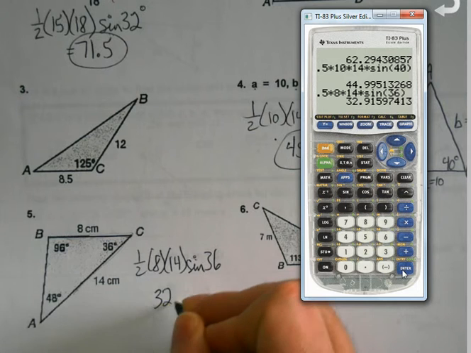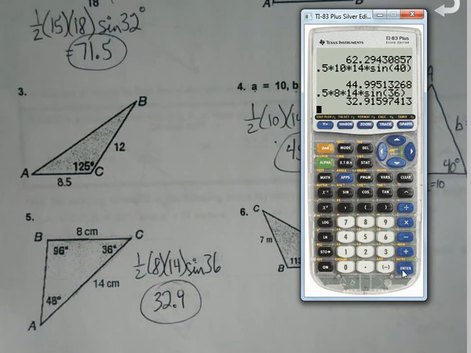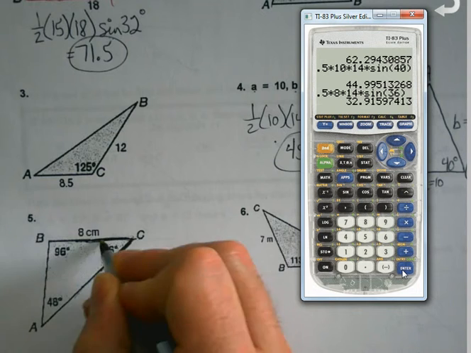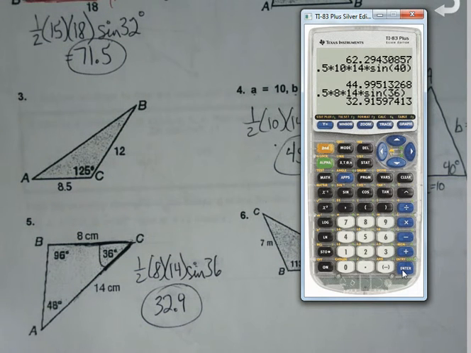End up with an area of 32.9, because I always got to make sure it's that included angle, okay?